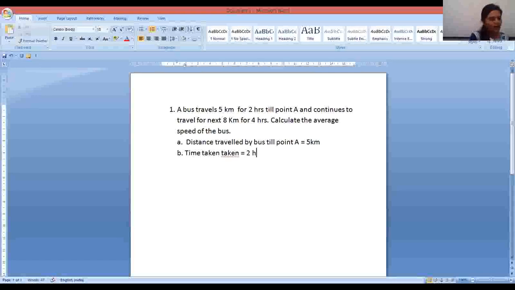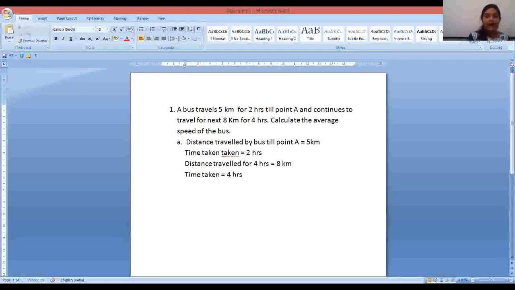It is 2 hours, followed by distance traveled for 4 hours. How much distance is the bus traveling for 4 hours? That is 8 kilometers. And the time taken to travel 8 kilometers is how much? The time taken is 4 hours.